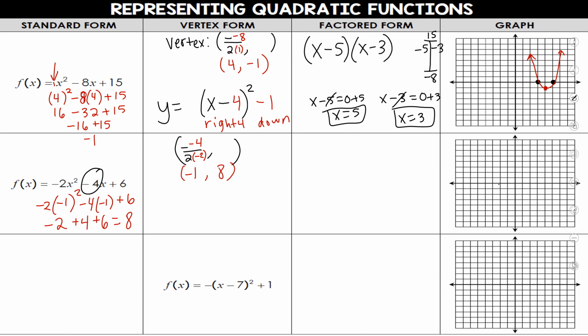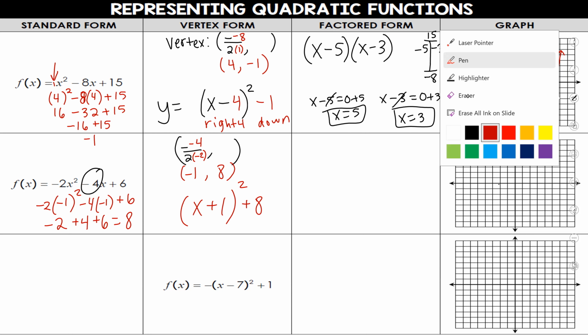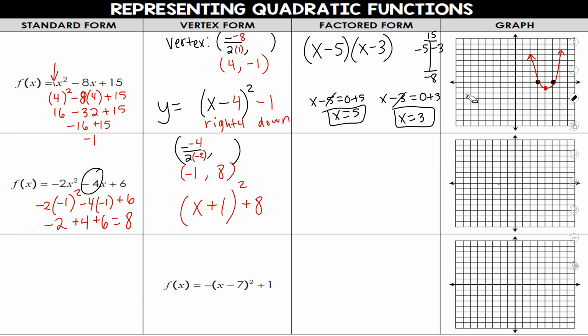Now just put it in vertex form. So I know it's going to go like that. Okay, so I put my -1 in there, but remember, it'll be a +1. Do we know why? It's going to the left one, up 8.